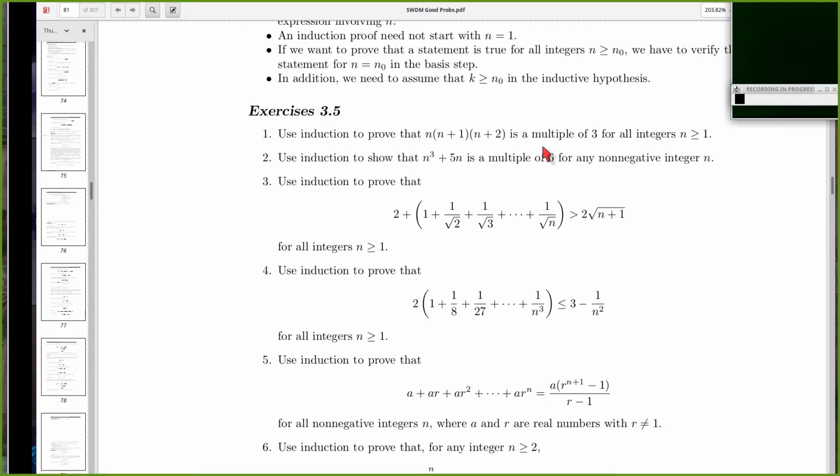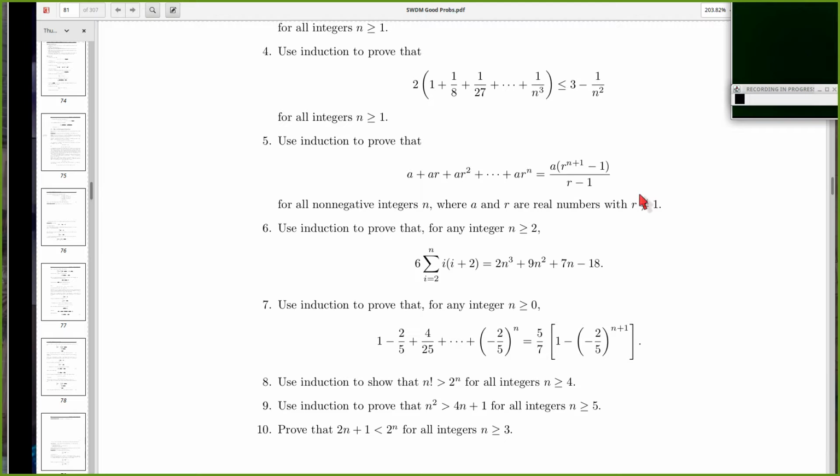So prove that (n+1)(n+2) is a multiple of 3 for all integers. Eight is an inequality, 9 is an inequality. The inequalities are different, but I'll start on one.